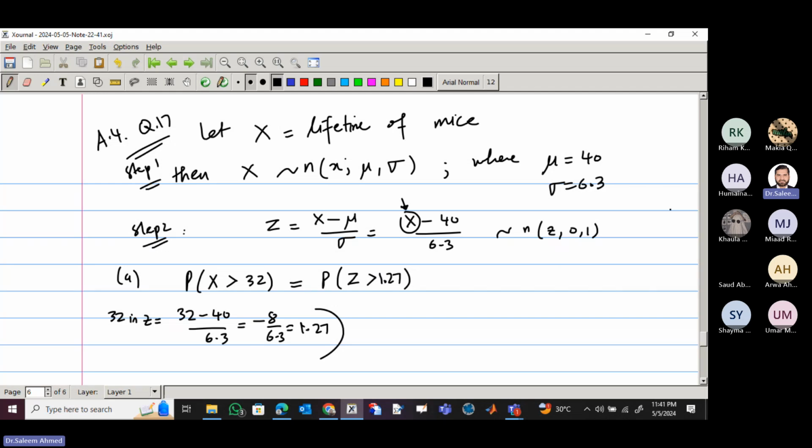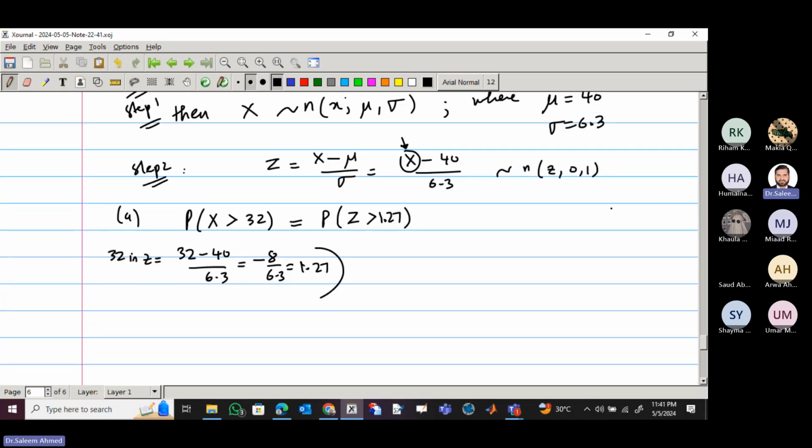Now it is the probability on the right side, right? So this is 32 on the right side. I cannot get the right side directly. The right is 1 minus the probability to the left, because the table gives me the left probability. So 1 minus the probability of Z less than 1.27.